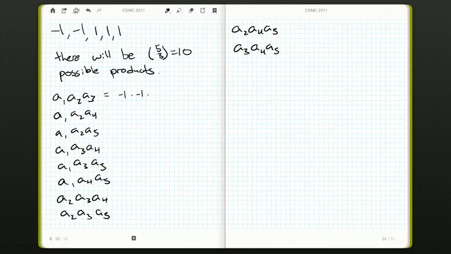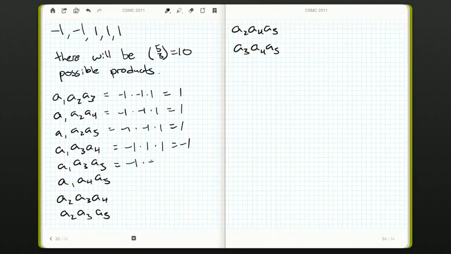So this is -1 times -1 times 1. That's going to be 1. -1 times -1 times 1. That's going to be 1. -1 times -1 times 1, that's going to be 1. -1 times 1 times 1, that's going to be -1. -1 times 1 times 1, that's going to be -1, and this one will also be -1. -1, 1, 1 again.